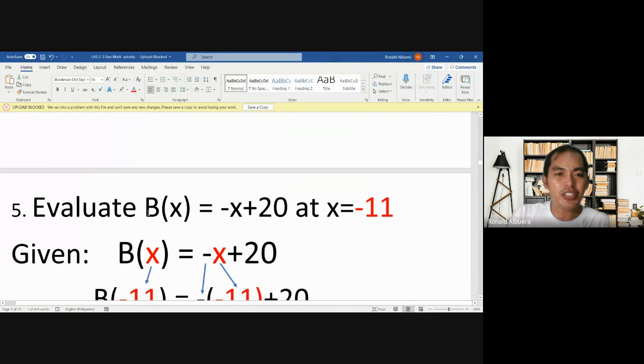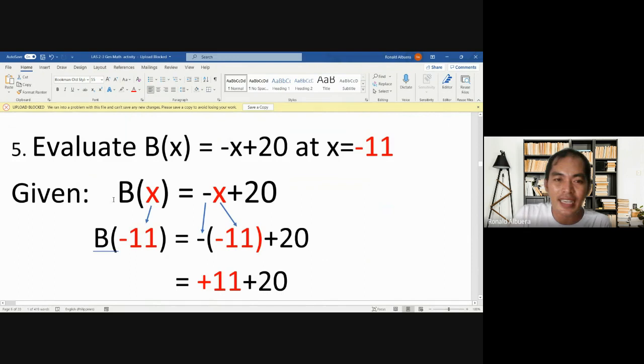Suppose you are going to evaluate the function represented by b. b of x equals negative x plus 20 at x equals negative 11. I said, your first step is to write the given and replace the independent variable x by negative 11. This is the value that you are going to replace. Okay? The independent variable. So, b of negative 11.